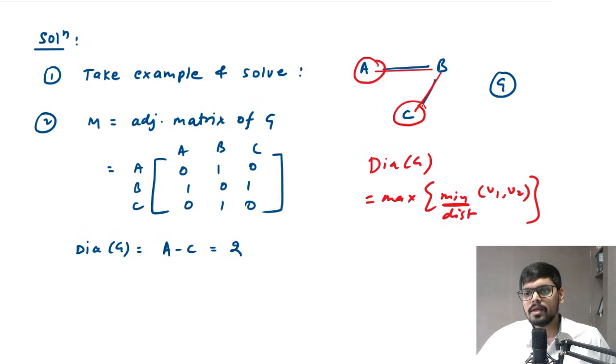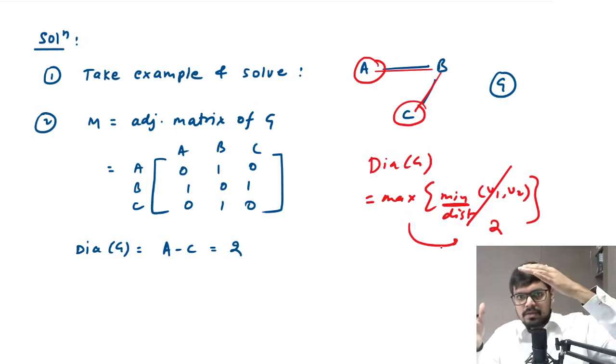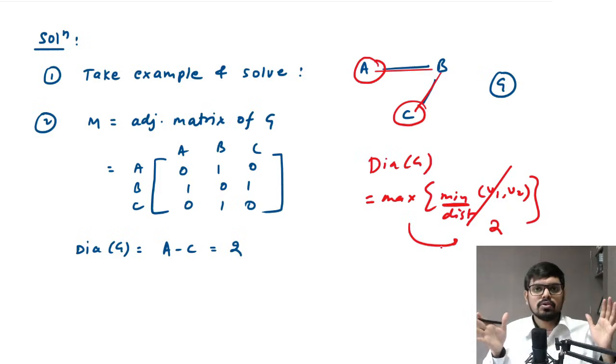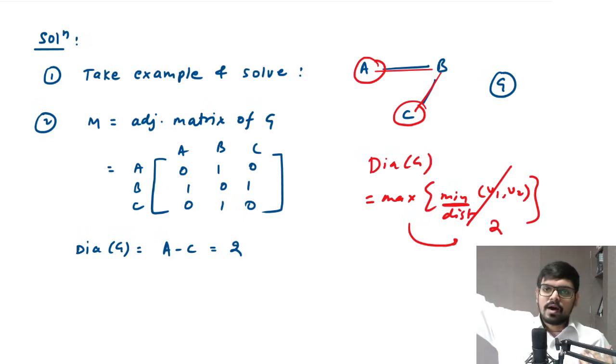So here the minimum distance, the shortest distance, is 2, and that is our maximum over every pair of vertex combinations. You can try. AB will be 1, BC will be 1, only AC is 2. So 1, 1, 2, which is the maximum value? 2. So that is the answer. That was my trick. The trick was to take the far vertices or the diagonal vertices.